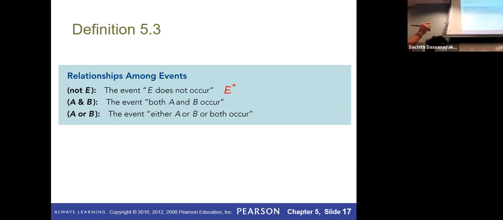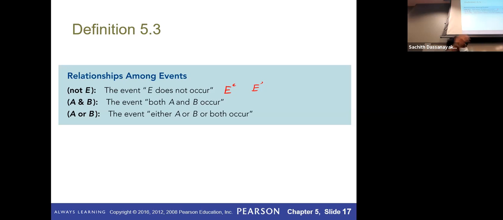E complement means not E. Or sometimes we use E dash, which means complement. If you read books or papers, you will see these different notations, but they mean the same thing.